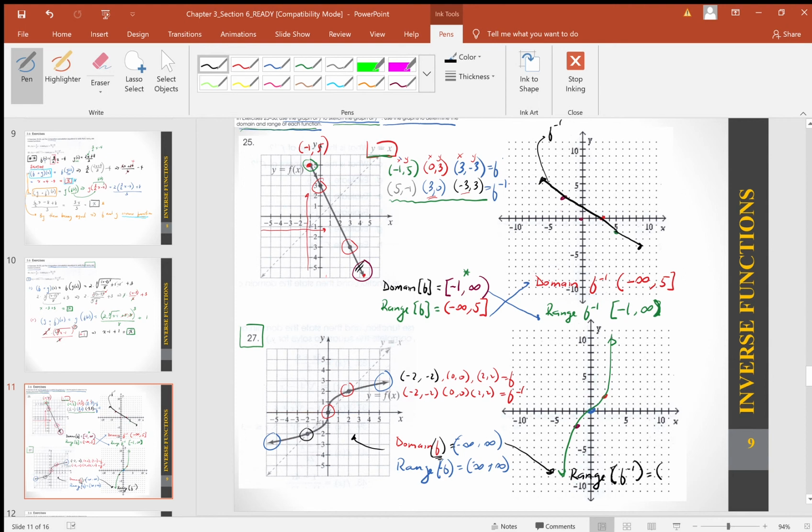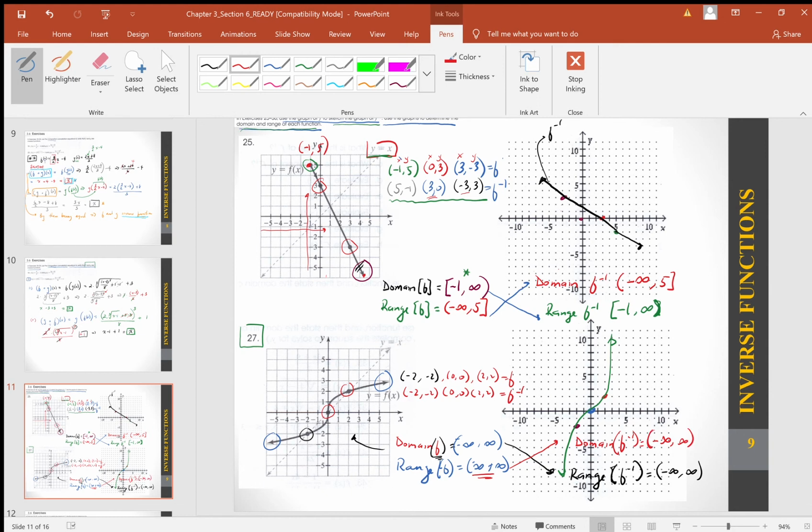And that's going to be negative infinity to positive infinity. And then I have here the domain of our inverse function is going to be the range of the function. And that's going to be negative infinity to positive infinity.